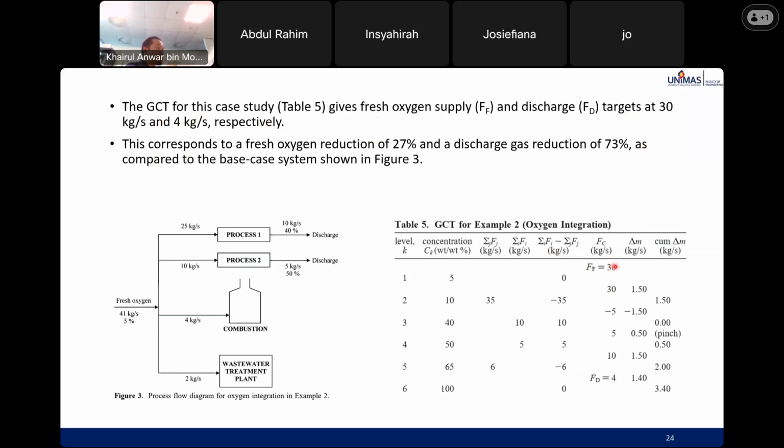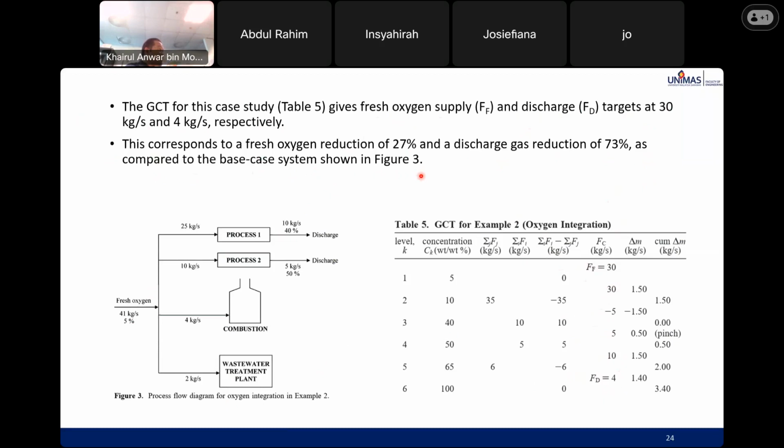Actually, they do cascade 30 minus 0, 30, 30 minus 35, minus 5, minus 5 plus 10, 5, until they get FT. This corresponds to a fresh oxygen reduction of 27% and a discharge gas reduction of 73% as compared to the best case system shown in 2.